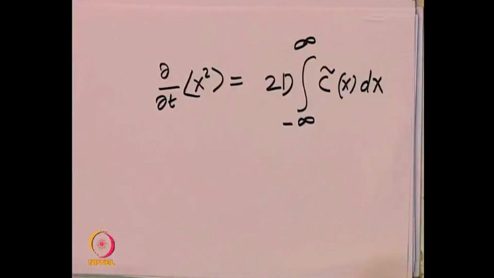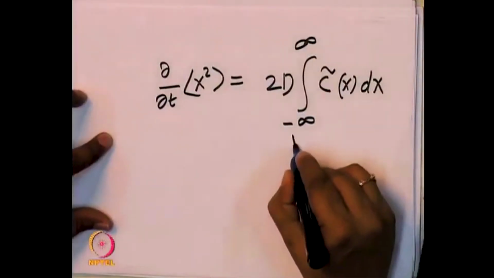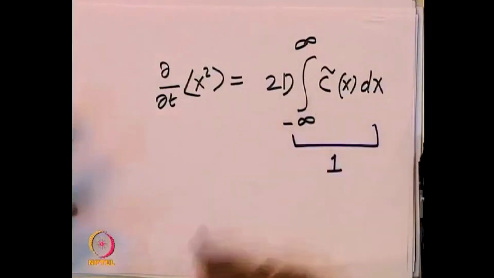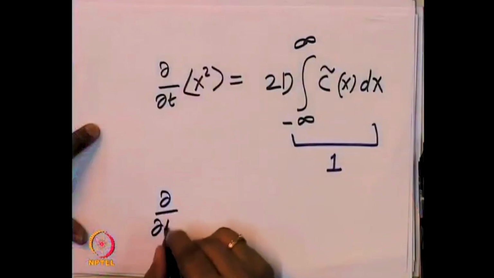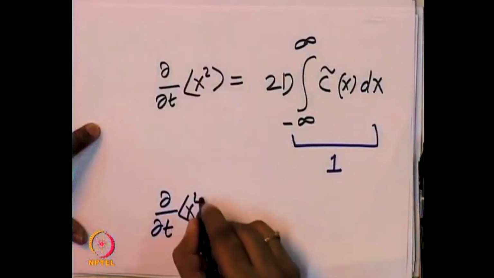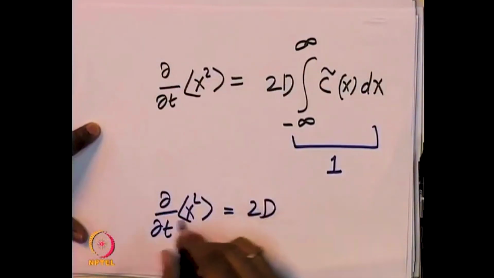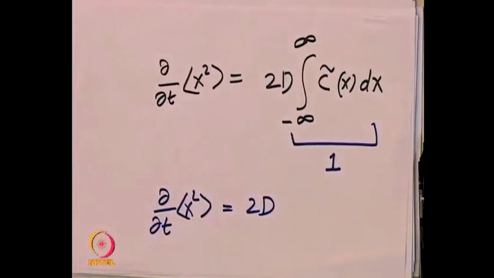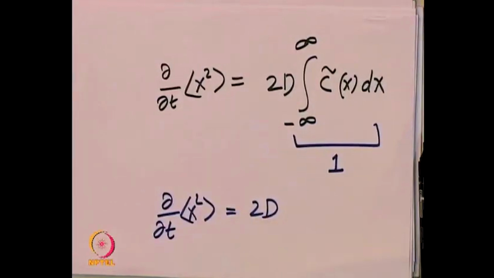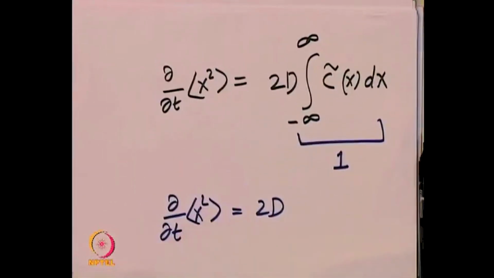At the beginning, we said that this is 1. That is the definition: we define c tilde of x in such a way that integral c tilde of x dx is 1. So, now what we have, del by del t of x square average is 2d. Now let us integrate both sides and see what we get.